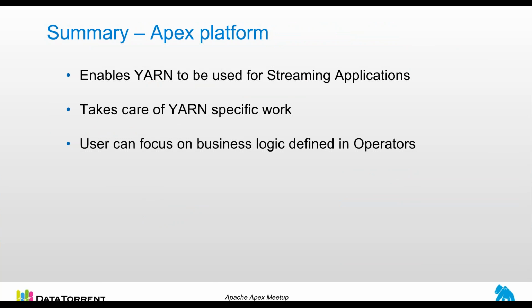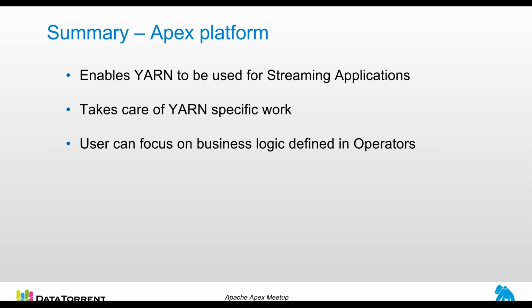Now, finally, I just want to summarize what we went through here. So you can see that there are a lot of things that happen in a streaming application. We had a question related to what is the use of Apex, and we described how a streaming application needs to be processed for real-time data. But keeping the YARN capabilities in mind, this Apex platform has utilized all the YARN capabilities and still applied the streaming application specifications.